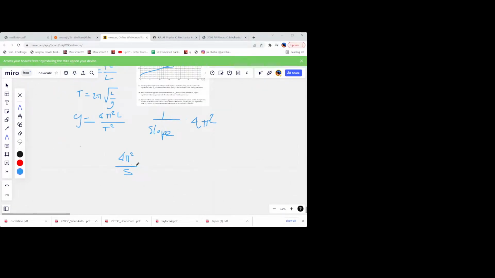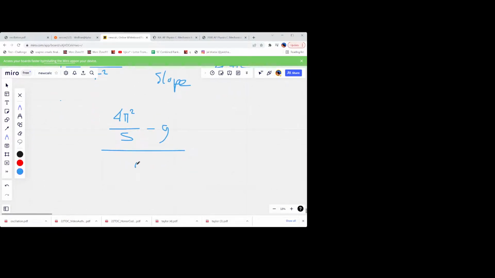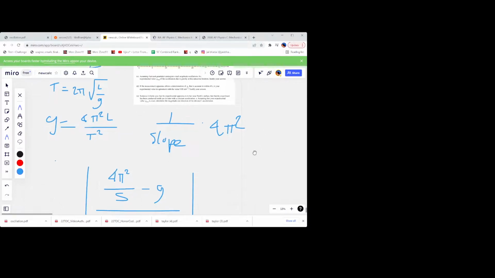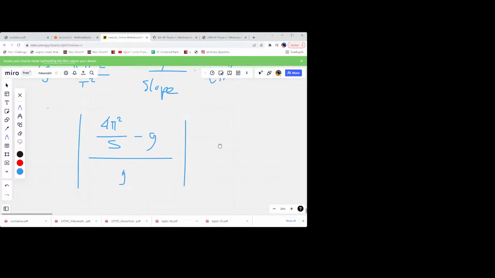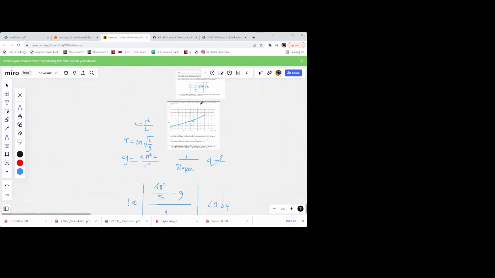Assuming I knew this is the value of g experimental, then if I did g experimental minus g all over g, to within 4%, if I did 100 times this, if this is less than 0.04, I think our value will satisfy. I think.